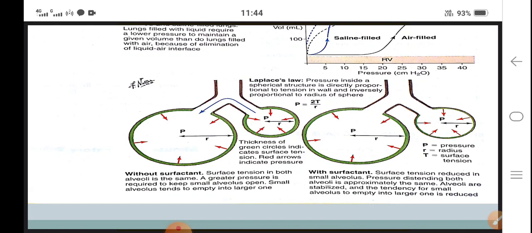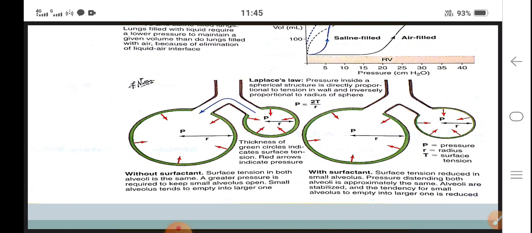Thus, one can conclude that the tissue elastic forces tending to cause collapse of the air-filled lungs represent only about 1/3 of the total lung elasticity, whereas the fluid-air surface tension forces in the alveoli represent about 2/3.